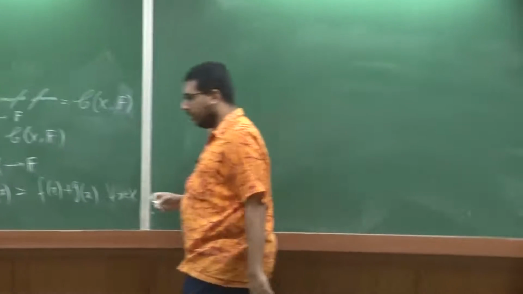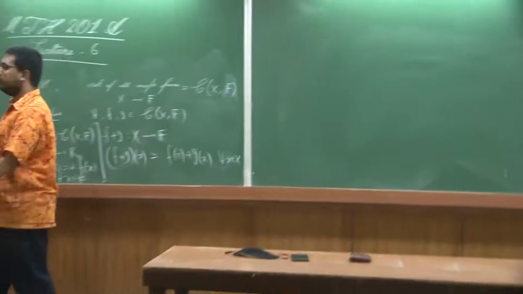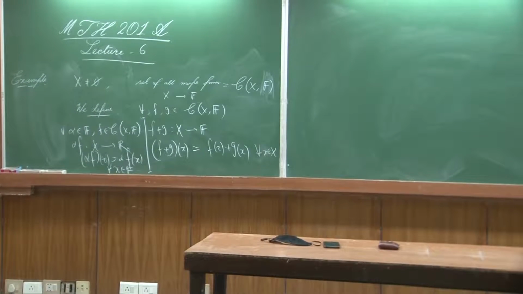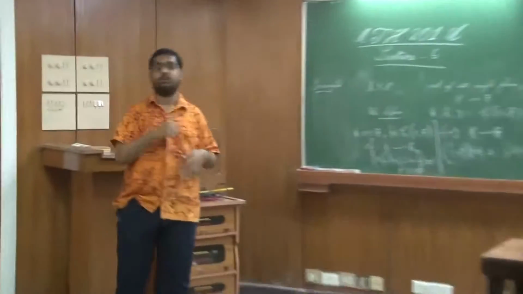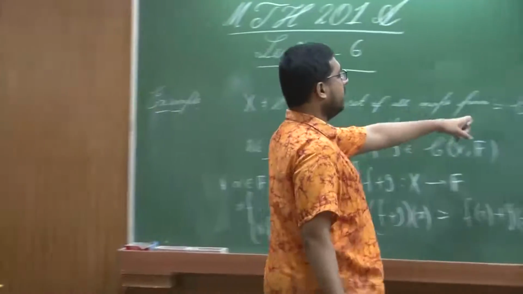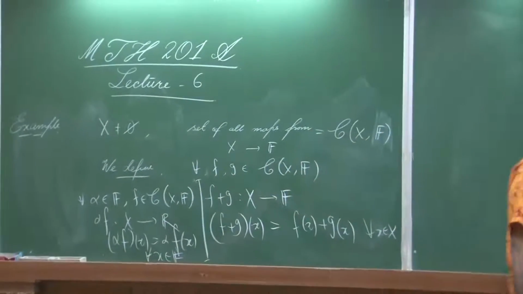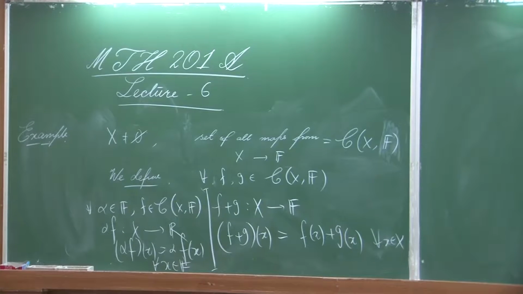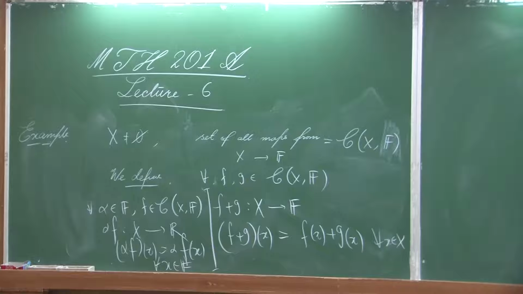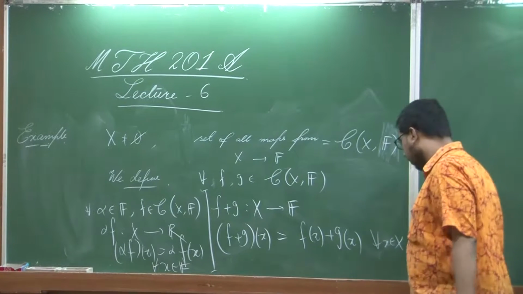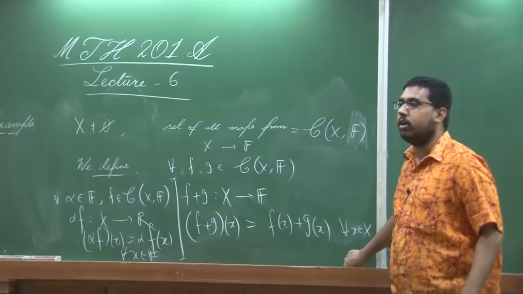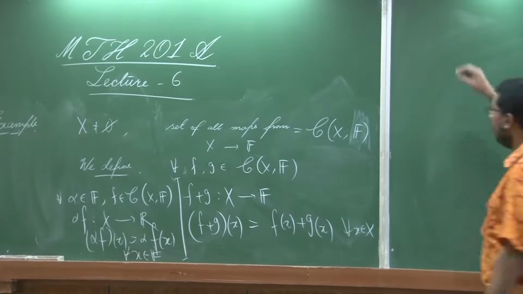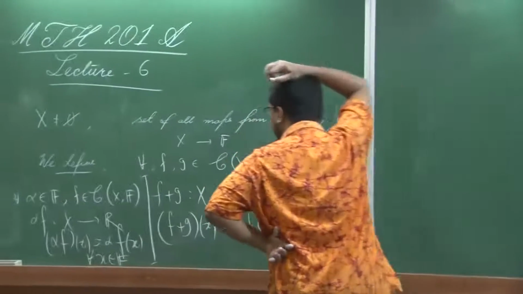Again, as I said, we will first consider a nice collection of functions, let us say S, which is non-empty and closed under addition and scalar multiplication. Now, by the earlier theorem, it immediately becomes a vector space over F. So, in view of this theorem, we do not have to check all the properties, which will save our energy a lot. So, what are the collections to be considered?